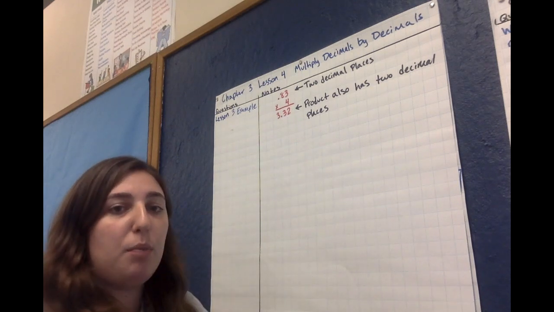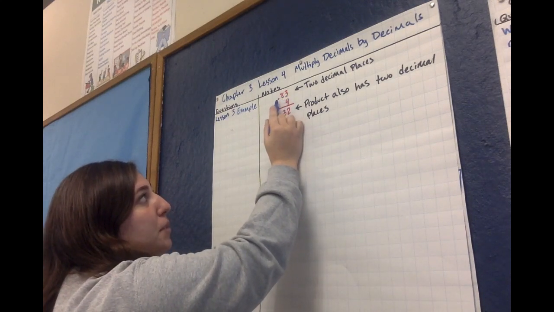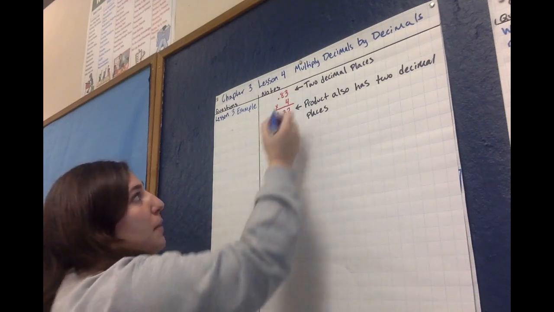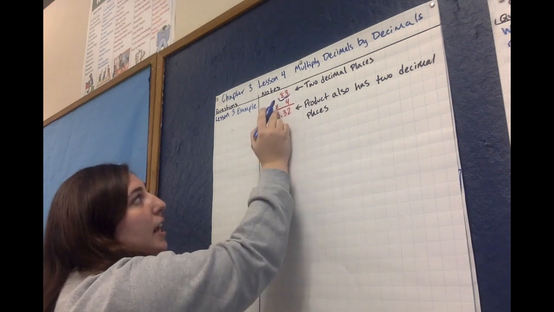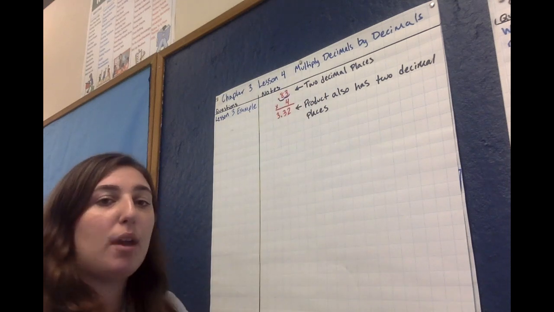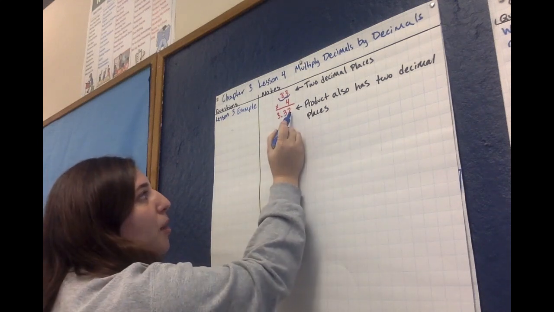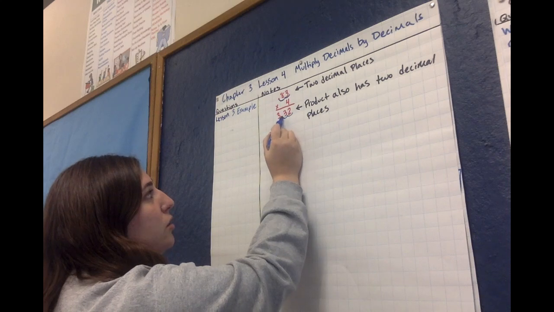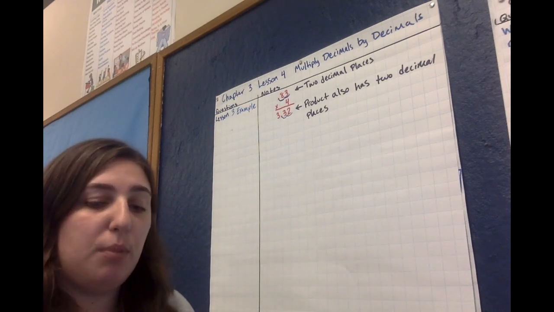When I say two decimal places, I'm starting from the right, and I'm going to make jumps to the left, and I'm going to count how many jumps I make. So if I start here, I have 1, 2 jumps, and then I get to the decimal. So that's why I'm saying I have two decimal places. So if I'm starting, again, on my product, starting on the right, and going towards the left, so I have 1, 2 jumps again. Okay, so my product also has two decimal places.